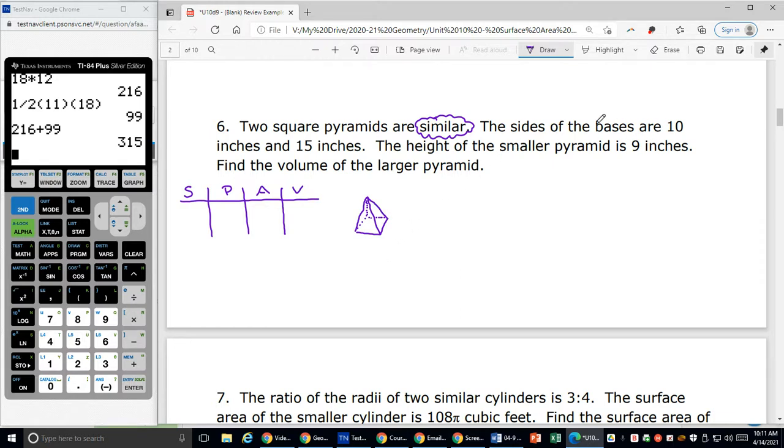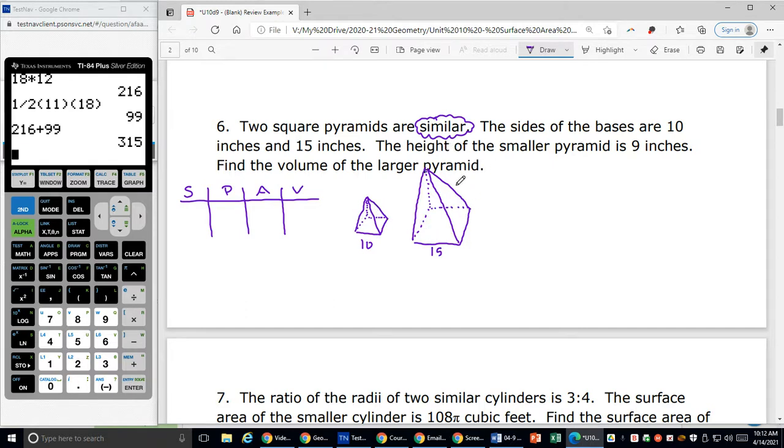Okay, so one has a side base of 10 and the other is 15. So the other is a little bit bigger. Straight up from that back corner and then straight down to the other corners. And it has side lengths of 15, and they're squares. So it's 10 by 10 by 10 by 10 and 15 by 15 by 15 by 15.